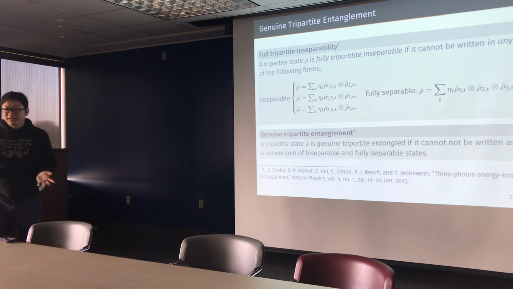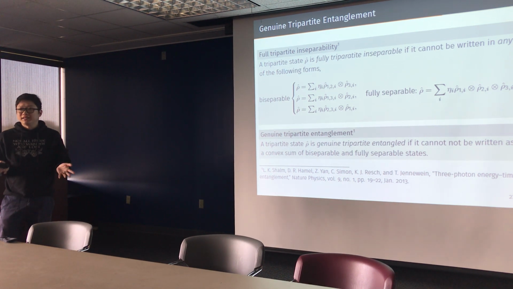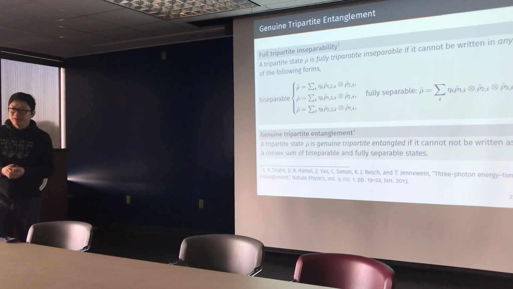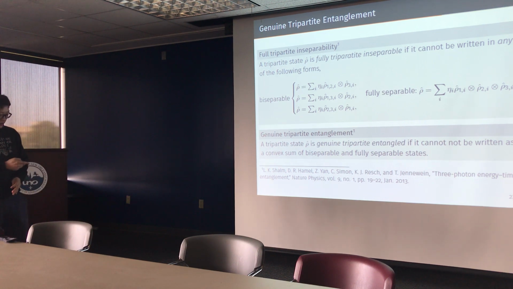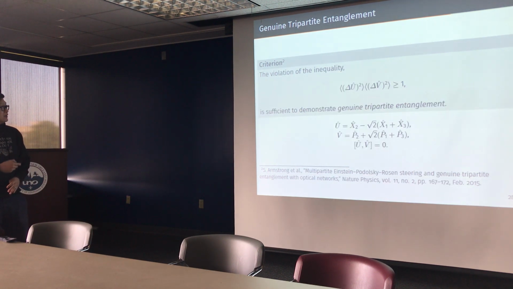Here, the results that I present are all for pure states. But if we want to implement this experimentally, we will definitely run into mixed states, and we need to make this distinction here. So the next is a criterion for characterizing genuine tripartite entanglement.